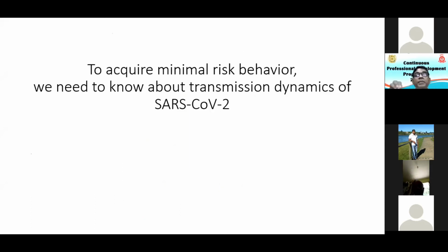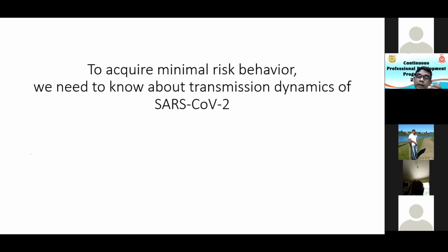To acquire minimal risk behavior, we need to know how this disease is transmitted between individuals. This is called the transmission dynamics of SARS-CoV-2. If we know the transmission dynamics, and the features of the virus which promote transmission, we can avoid them.